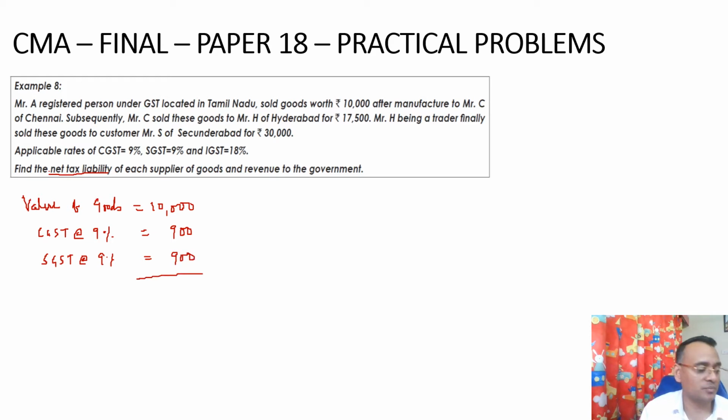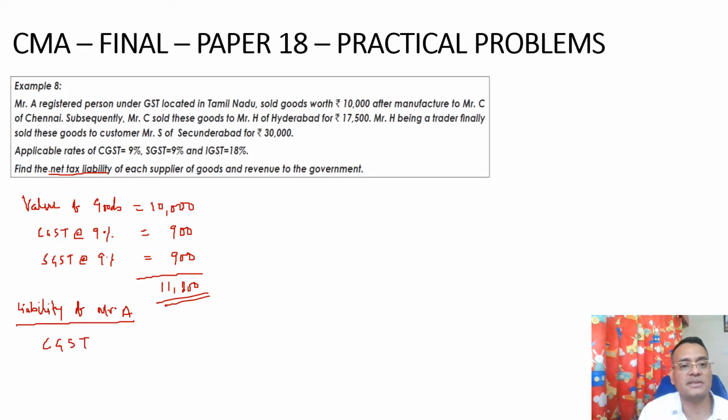So total value is 11,800 and the liability of Mr. A is CGST 900 rupees and SGST 900.